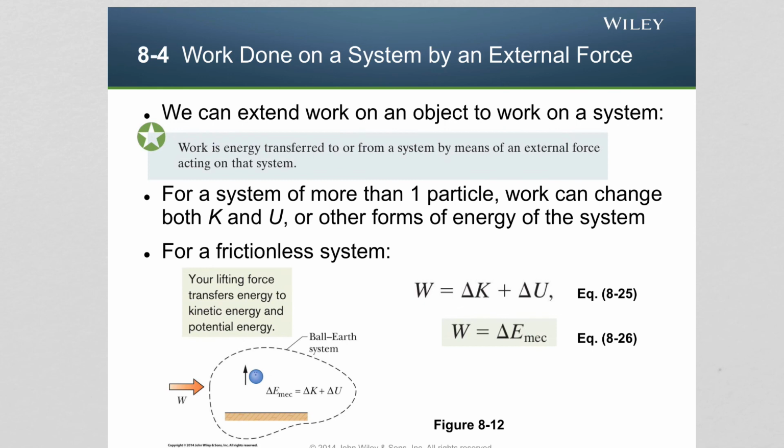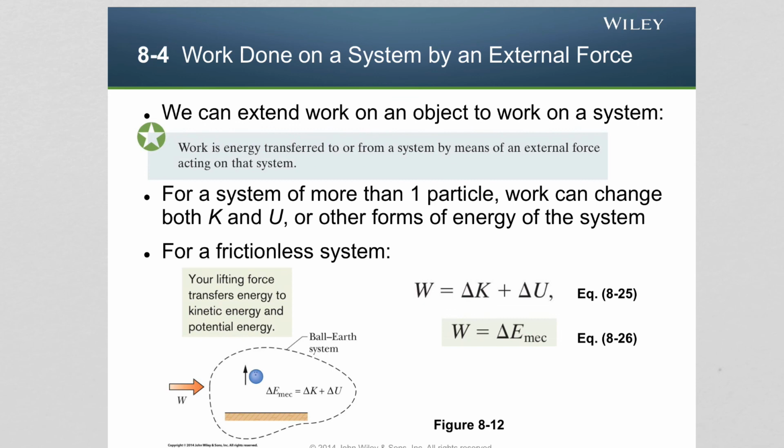A simple example of such a force would be a person picking up the ball from the ground. So a vertical force is applied, and therefore work is done by this external force, which is the force applied by the person on the ball. This force again is external to the system because it is not a force that appears between the members of the system because of the natural way they interact with each other.